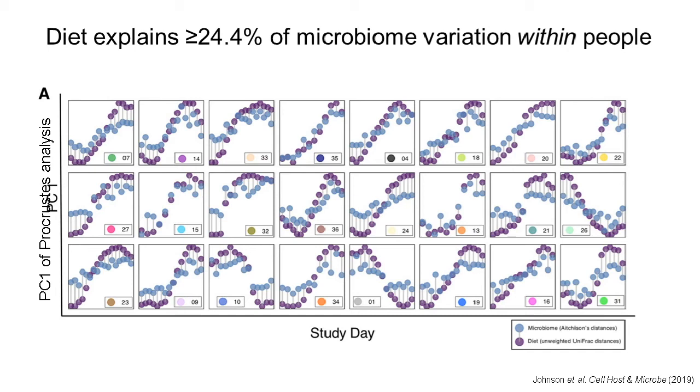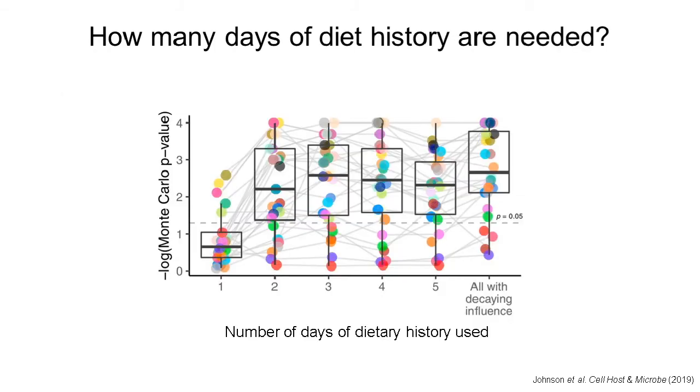And there's a very interesting finding that came out of this analysis that I'm going to share with you now that I think has some important implications for how we might want to collect these types of data in the future. What I'm showing here is on the y-axis, the vertical axis, the significance of each person's diet microbiome association over time.